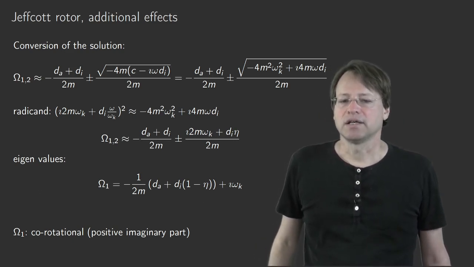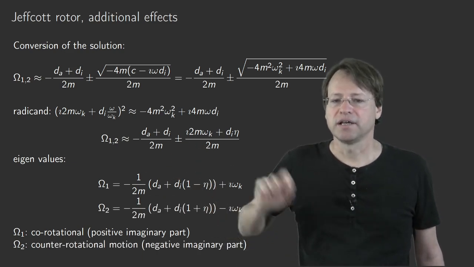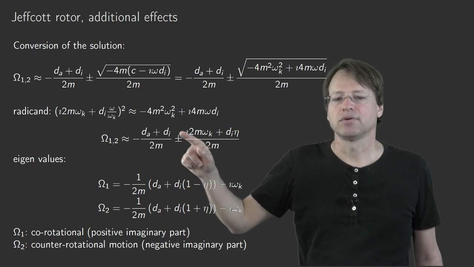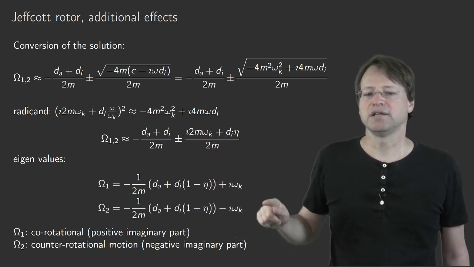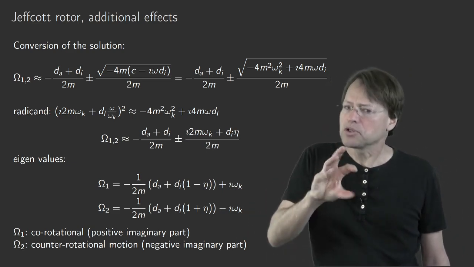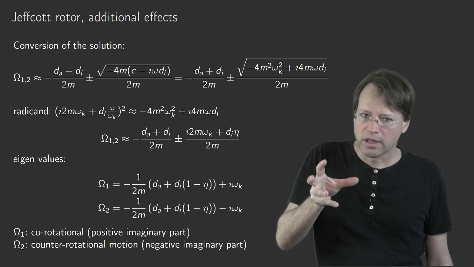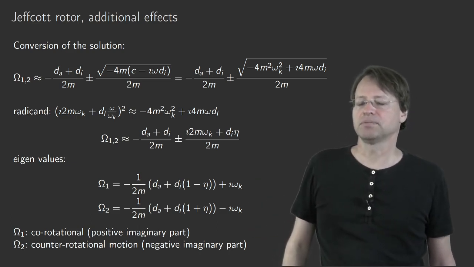What about the second eigenvalue? The second eigenvalue belongs to the negative sign, so to something that for the imaginary part is composed by minus I omega k, so by minus omega k, so it's counter-rotating in the opposite sense of the motion given by the rotor. So it's the counter-rotational part.